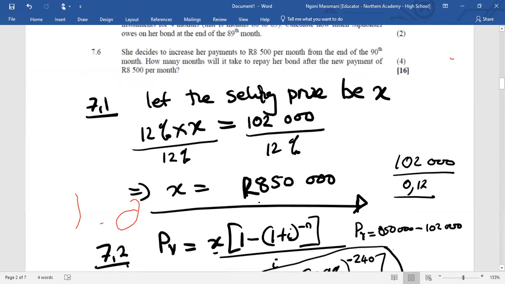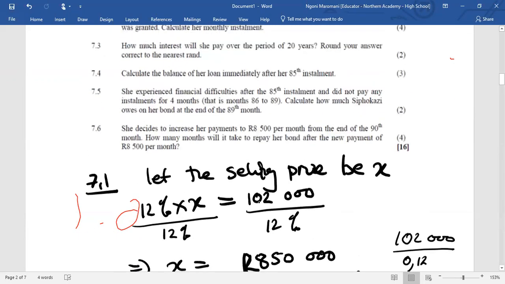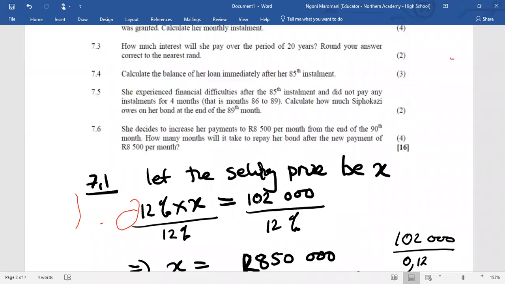Look at the next question. She experienced financial difficulties after the 85th installment and did not pay installments for 4 months. That is 86 to 89.